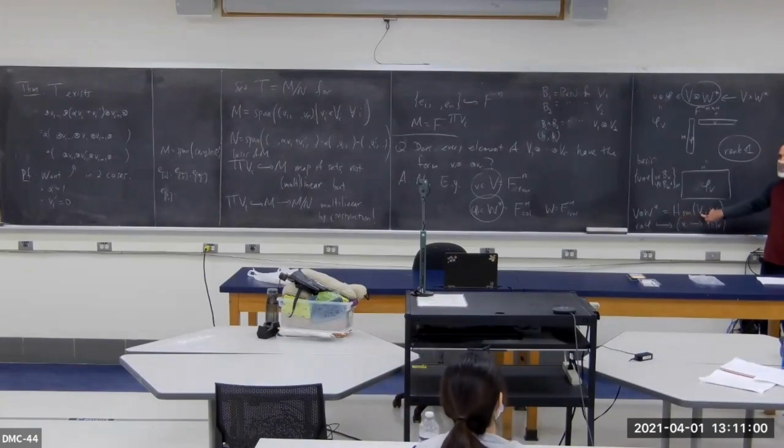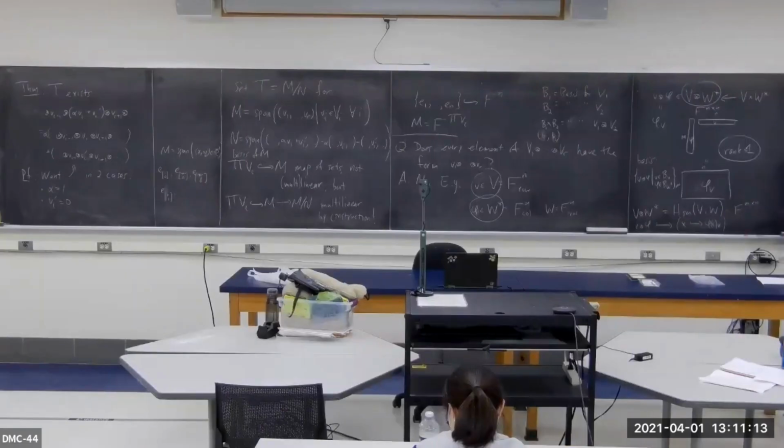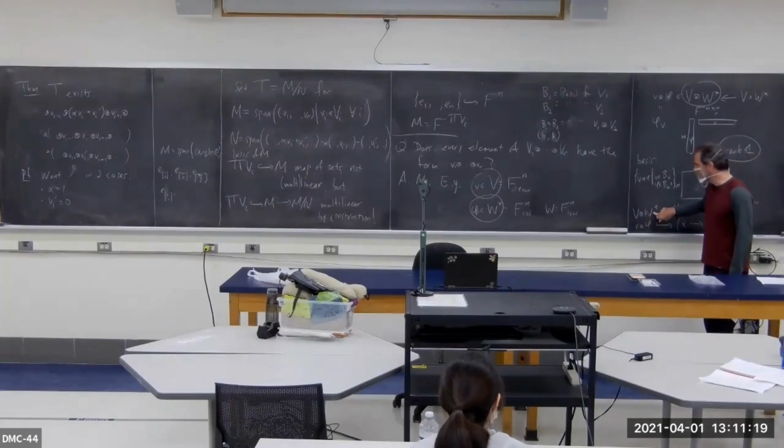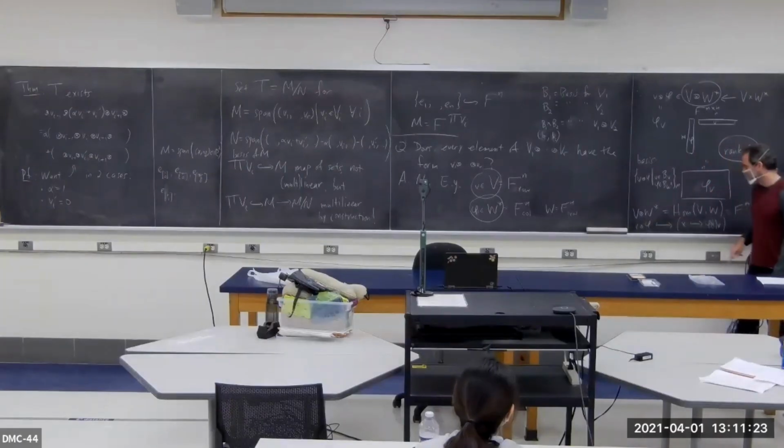And when this is F to the n and this is F to the m, then this is just going to be F to the m by n. Okay. And it just happens to be homomorphisms because V and W are both vector spaces, right? Yes, so V tensor W star is always going to be HOM from V into W. And here's the map. It tells you exactly what the map is.